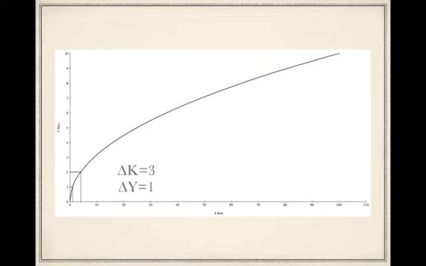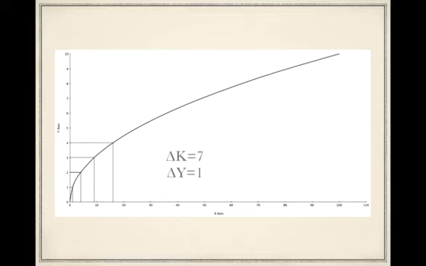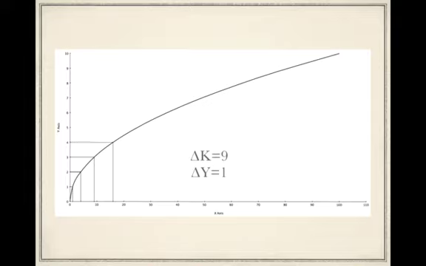So in order to get the first unit of output, it took 1. In order to get the second unit of output, it takes 3. In order to get the third unit of output, we have to increase capital by 5, because we have to go to 9. And so then we have 7, and then we have 9, and so on and so forth.